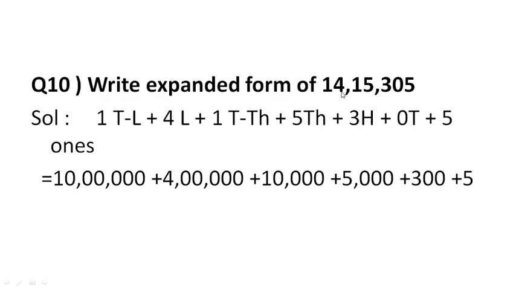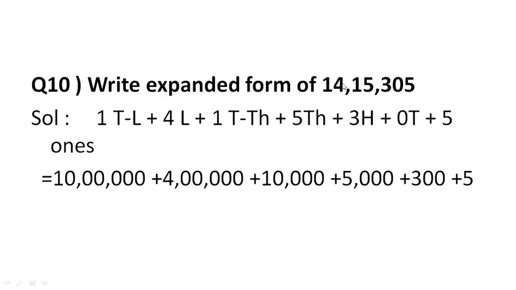Next is your lakhs place, so you write 4 lakh. And then 1 into 10 lakh. Okay, 1 into 10 lakh means you multiply 1 by 10 lakh. Then how many zeros can you add here? You see here, after this 1, how many digits? 1 2 3 4 5 6. It means you have to add 6 zeros.